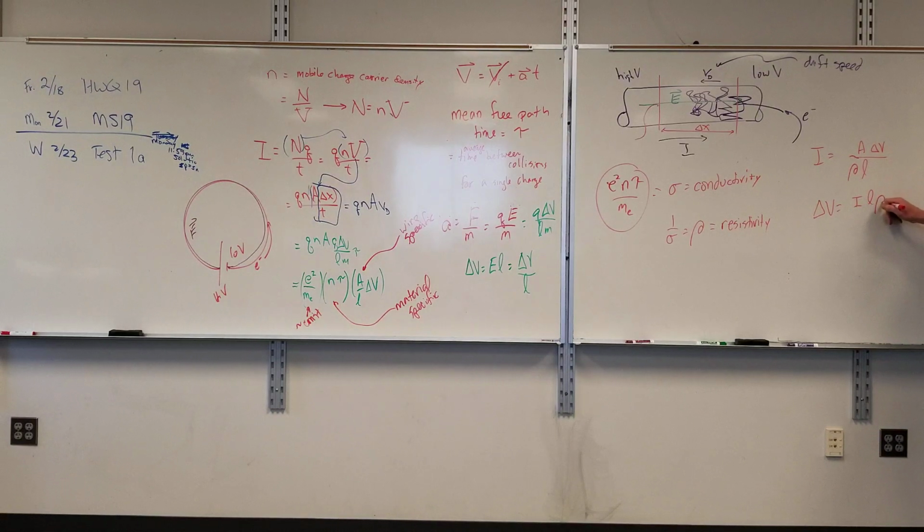So I L rho over A. We got one more step. This right here, they gave a special name. Resistance. R is equal to rho L over A. This is resistance. It is not futile.